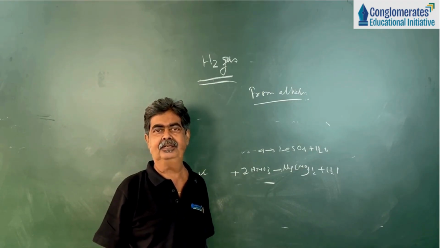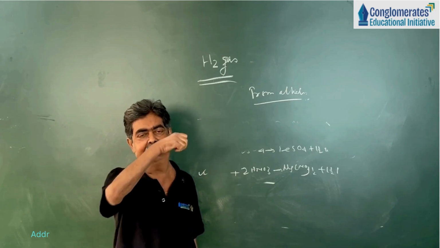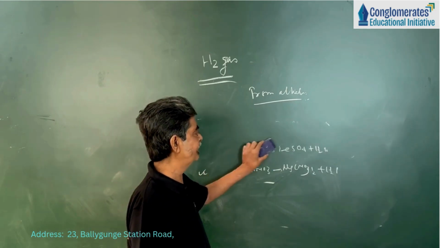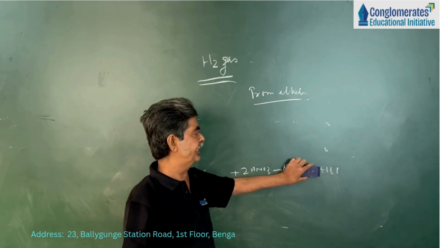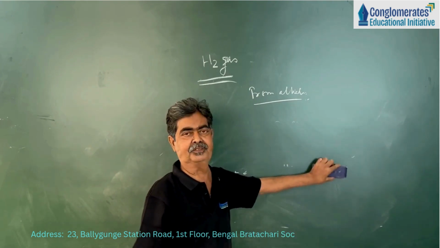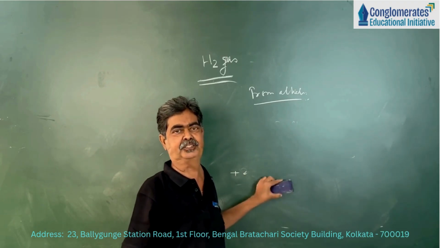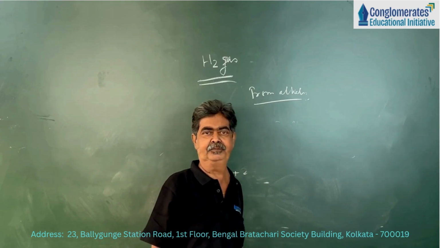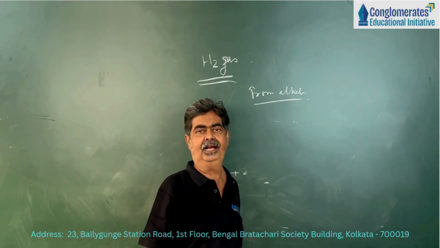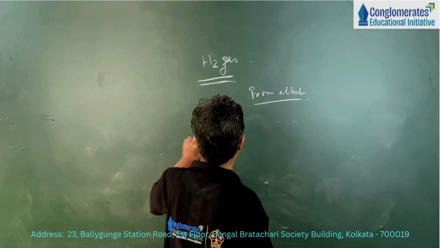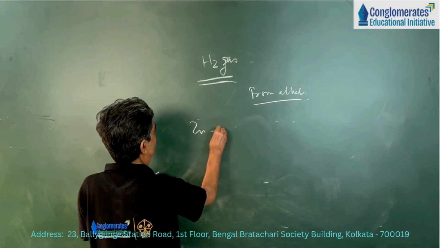But the important metals, according to your syllabus, are zinc and aluminium. So we will only consider zinc and aluminium. Now zinc reacts with sodium hydroxide or potassium hydroxide to produce hydrogen with the formation of the salt, that is sodium or potassium zincate. In case of aluminium, they form aluminate, sodium aluminate or potassium aluminate, with the evolution of hydrogen gas. Now let me write the reactions in these two cases because this is very important.